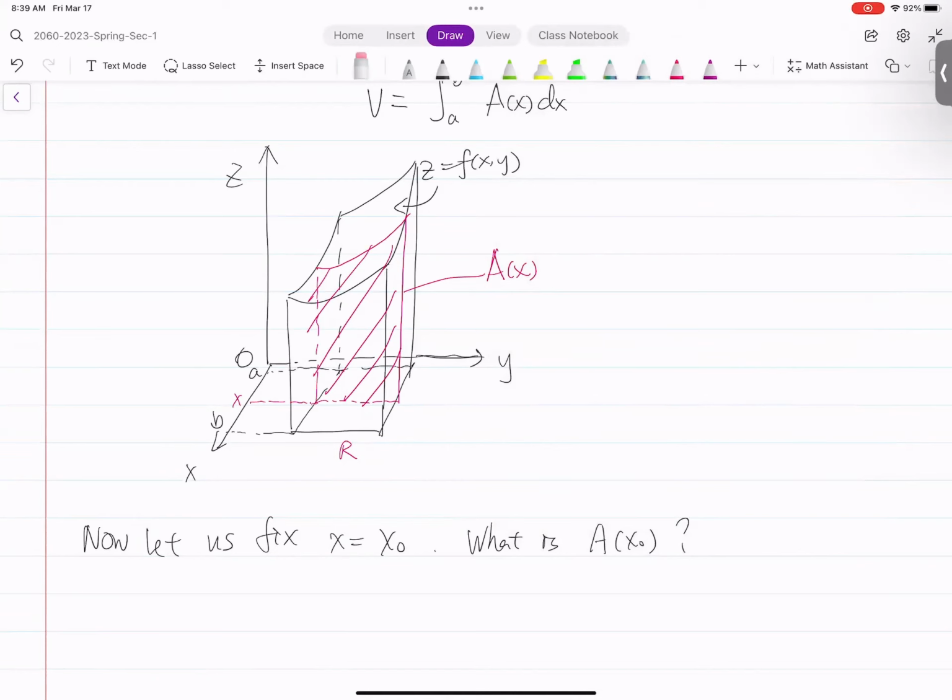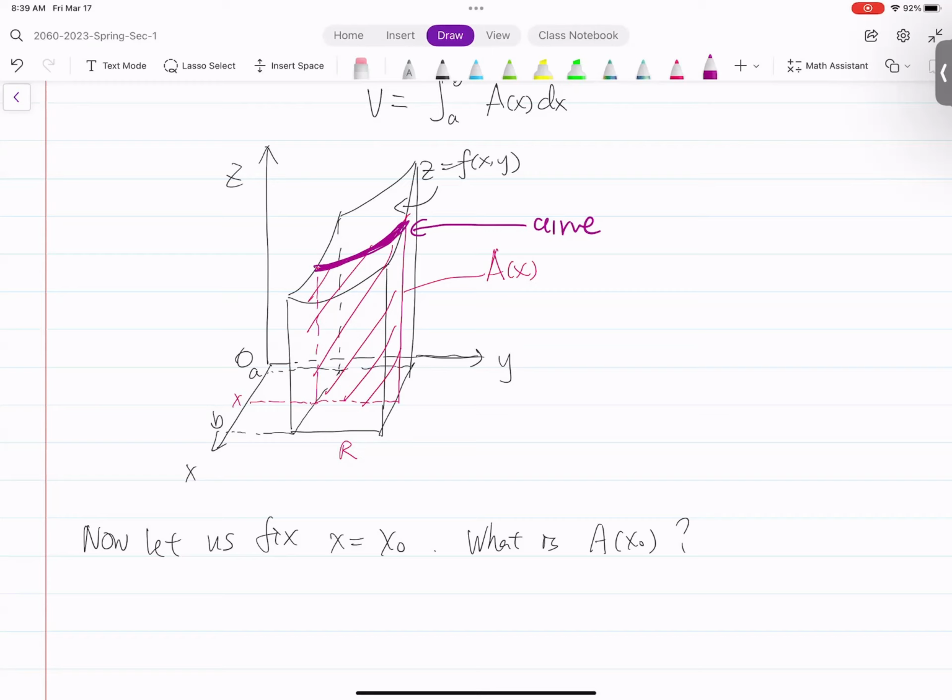So the curve is right here. This is a curve, which is a cross section of the surface and the plane x equal to x0, right?